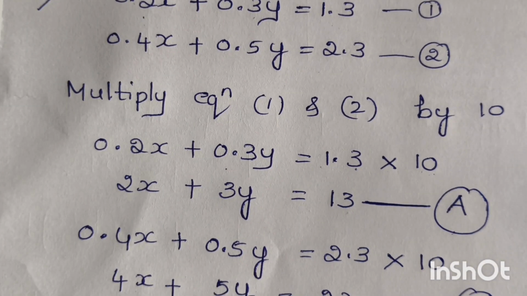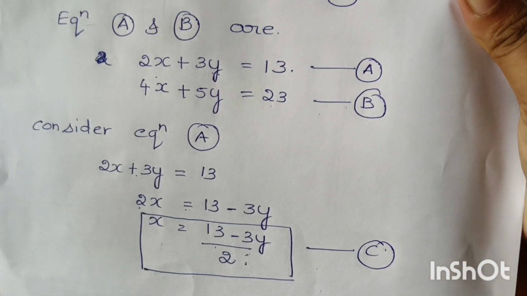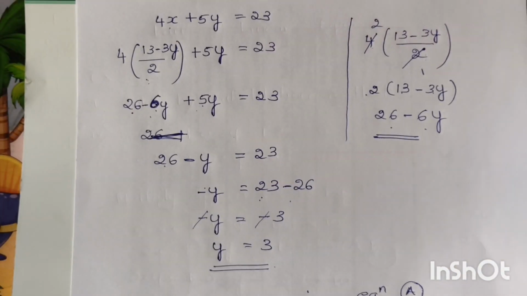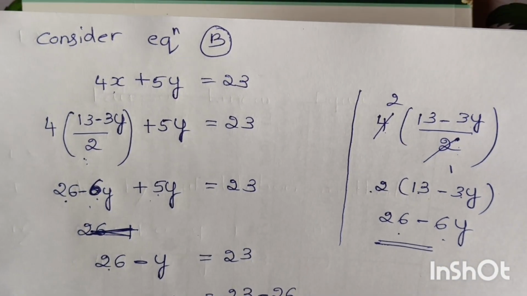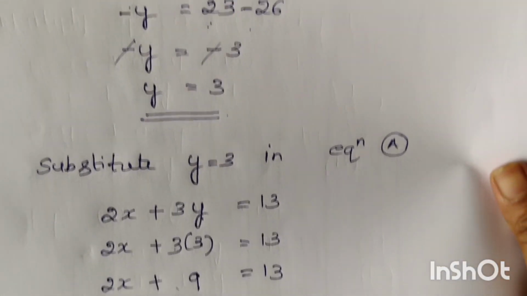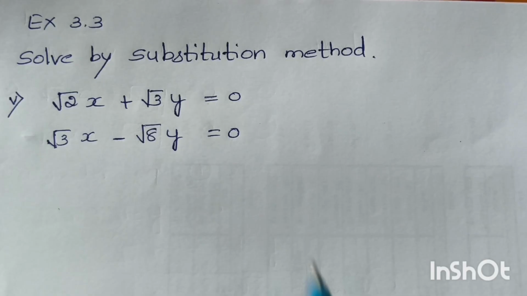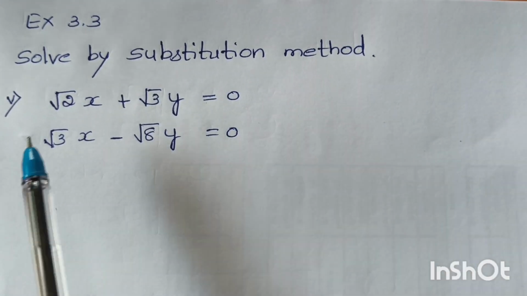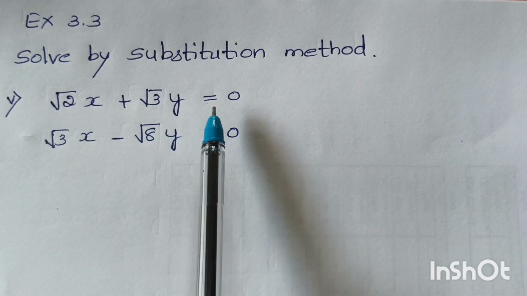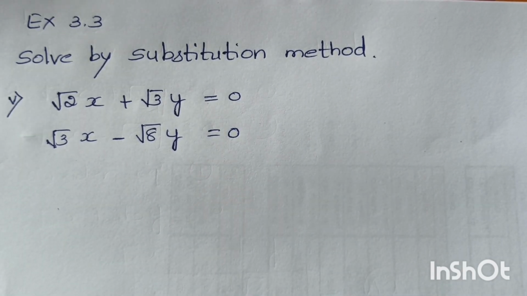Take the complete vision of the problem. Exercise 3.3, solve by substitution method. Root 2x plus root 3y is equal to 0. Root 3x minus root 8y is equal to 0.